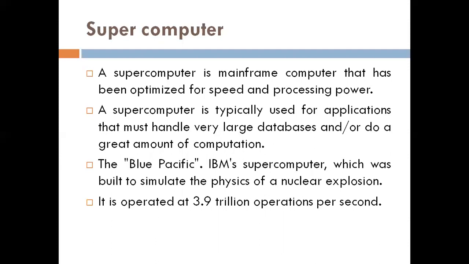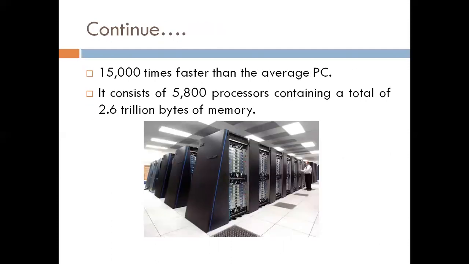The first supercomputer is Blue Pacific, which was made by IBM to simulate the physics of a nuclear explosion. It operated at 3.9 trillion operations per second. It is 15,000 times faster than the average PC.